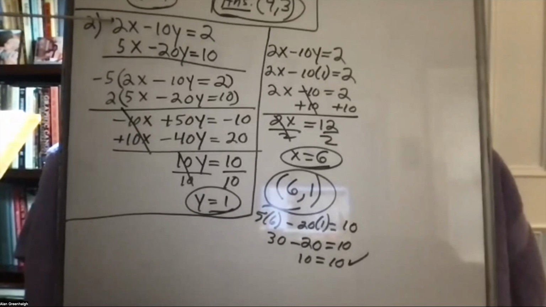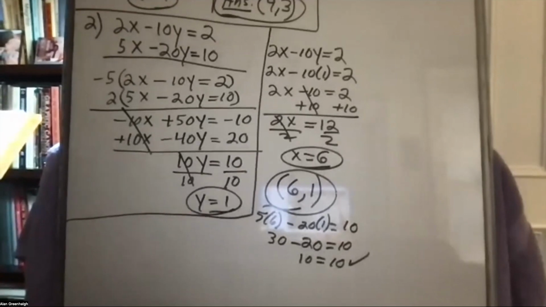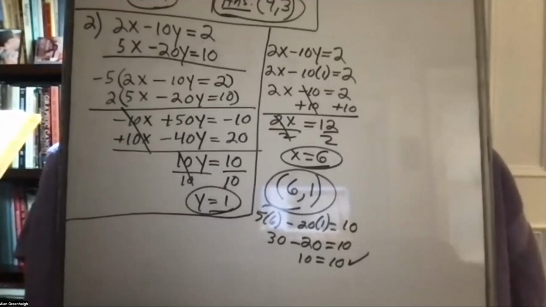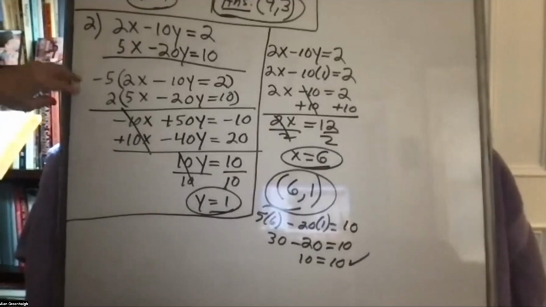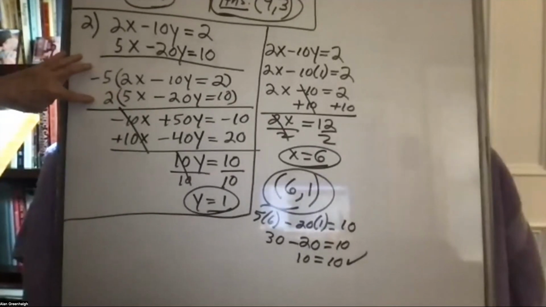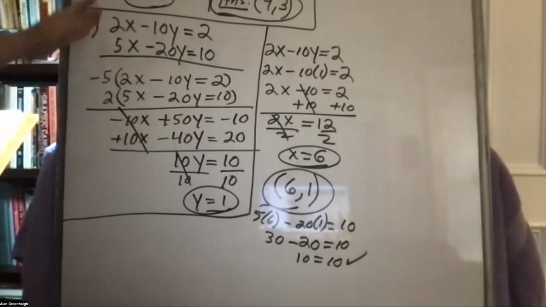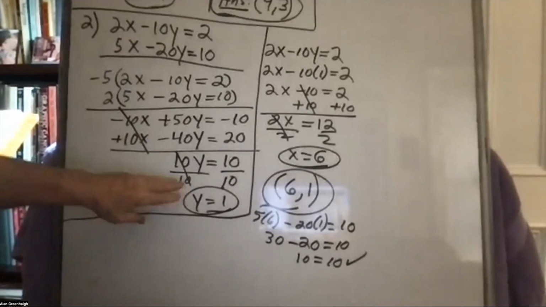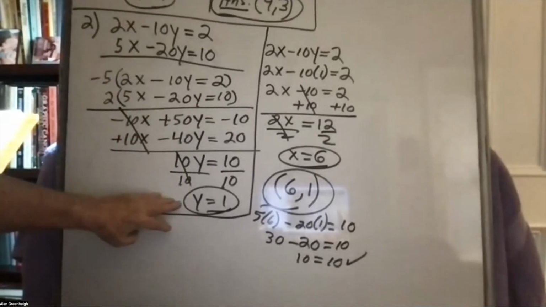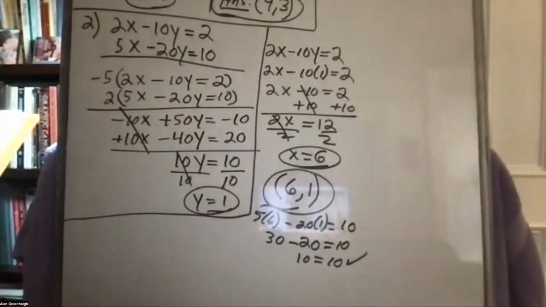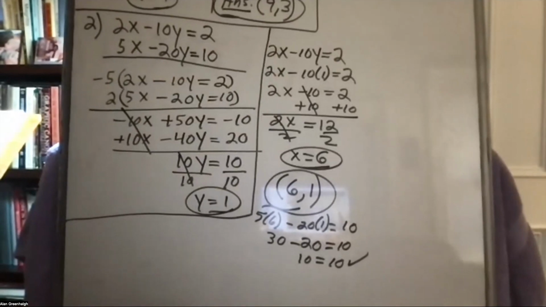Because if you multiply the top by -2, then this will become a positive 20, and then you just drop out the y's and worry about the x's. But that's fine. That's good. The important thing is that you multiply by something, numerator and denominator, if you must, to get rid of one of the variables. And you did that beautifully here. And then we were able to solve the problem. Good job.